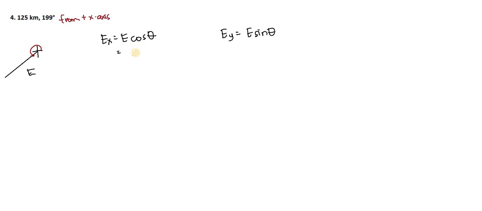So, this E is 125 kilometer multiplied by your cosine 199 degrees. So, that will be 125 cosine 199.